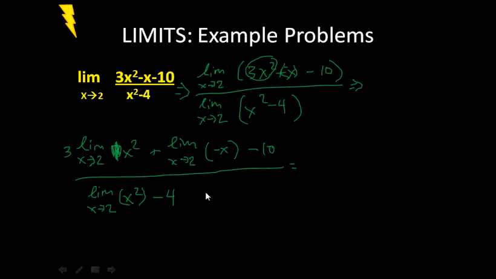So what we want to do is look at what the limit of this is right here. If you plug in a 2, you get 4. If you plug in a 2 here, you get negative 2. And then just a minus 10. Now here we still have a problem because it is still plugging in a 2 and getting a 4, and it would just be a 4 minus 4.